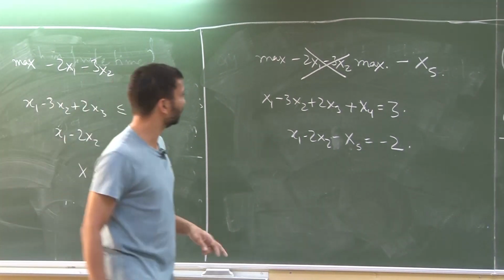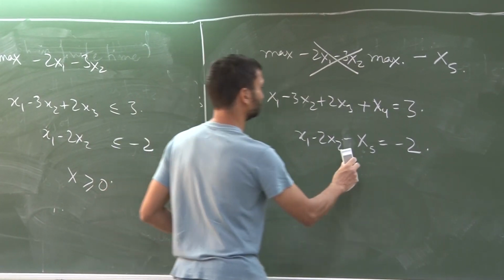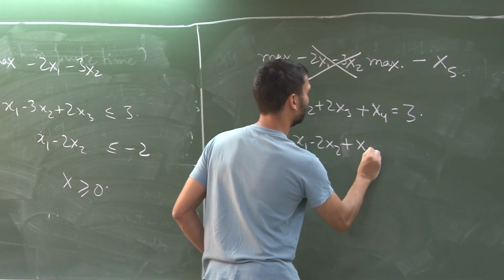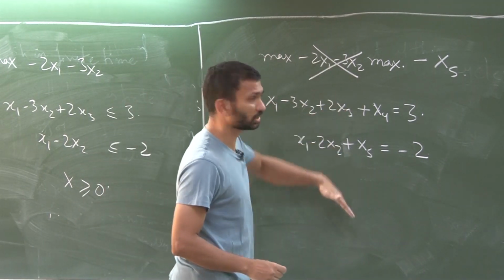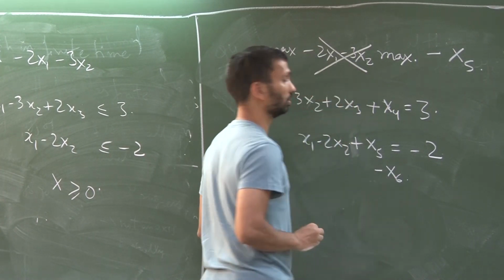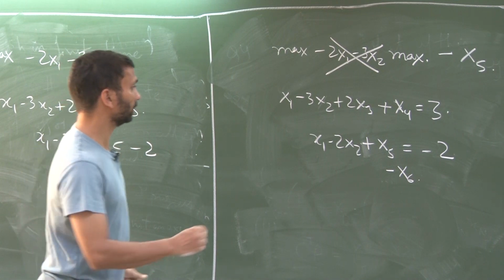Oh sorry, I made a mistake. First, -2, okay, so this is all the slack variables, and then I add -x6.